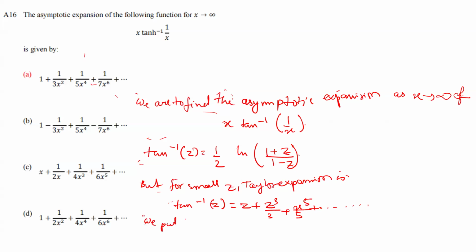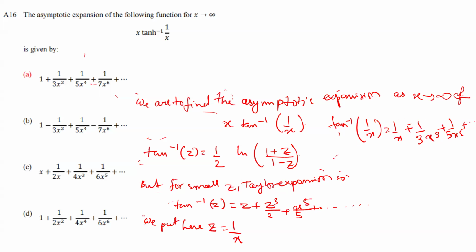Since we put here z equal to 1 by x, right? So it becomes tan inverse 1 by x equal to 1 by x plus 1 by 3x cube plus 1 by 5x to the power 5 plus.